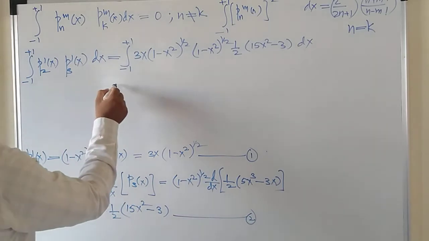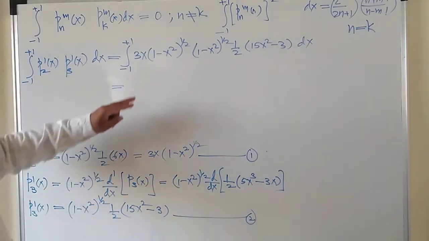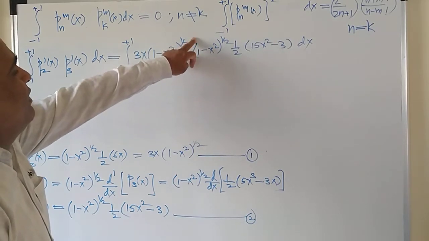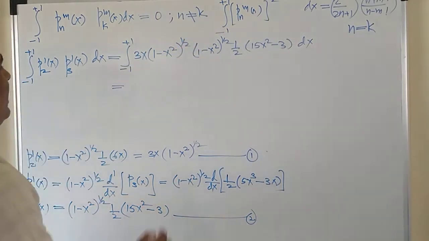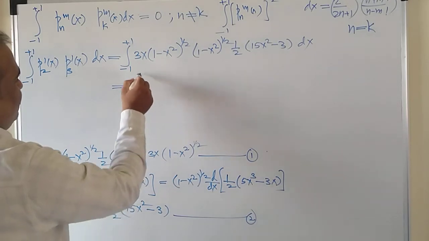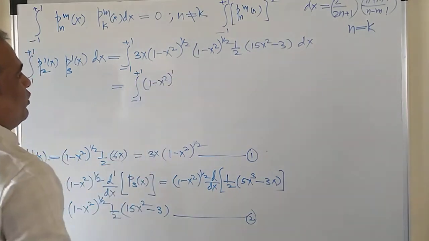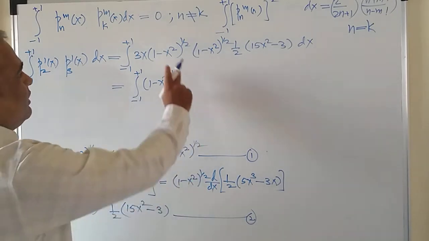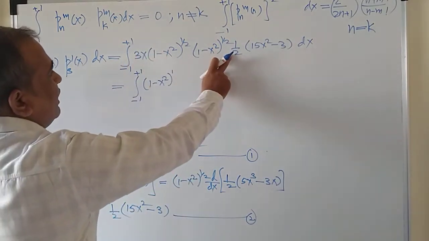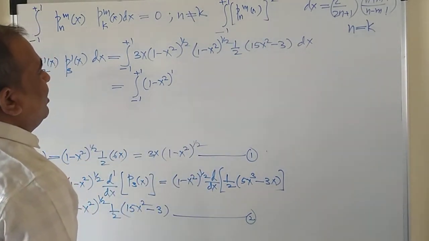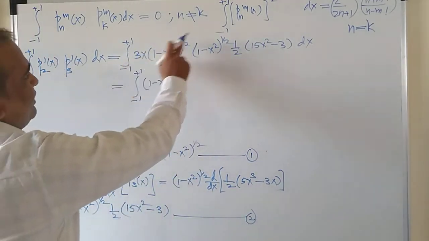Now if you simplify this, this into this are having power half, so half plus half will be 1, and integral from -1 to +1, (1 minus x square) raised to power 1 I can say. This will be equal to 3 by 2, and let me multiply 3x to this bracket.